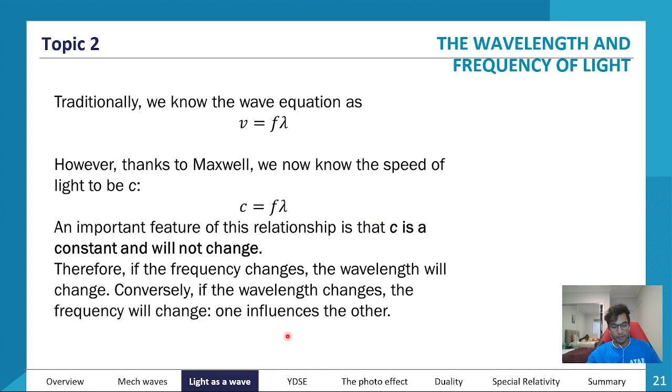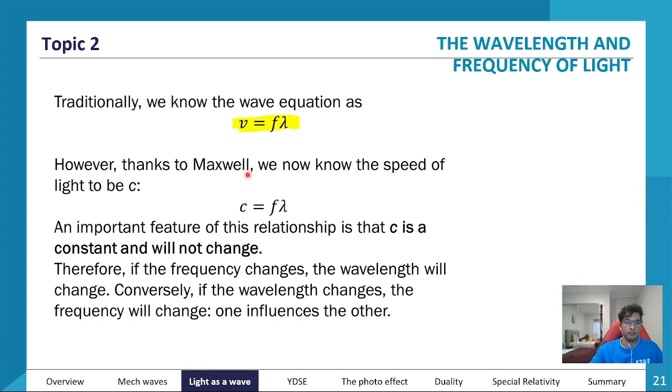Cool. So if light is a wave, and going back to the equation from before, velocity is equal to frequency times wavelength, then surely we can apply this same formula to light. And we can. We get c is equal to frequency times wavelength, which is the exact same formula.